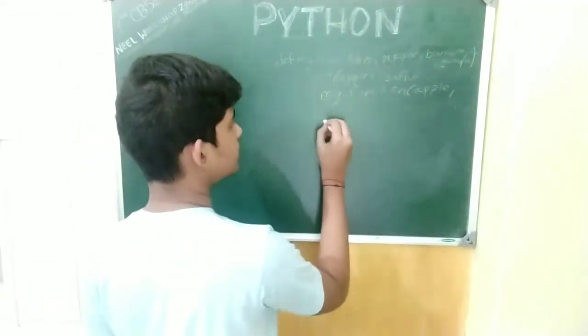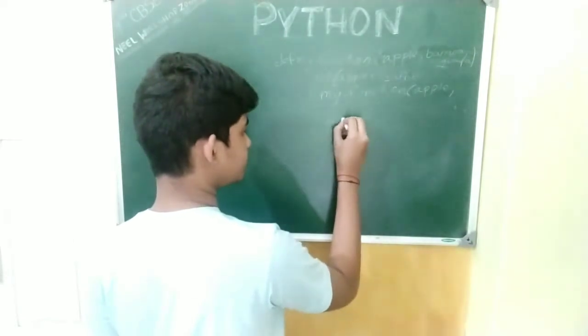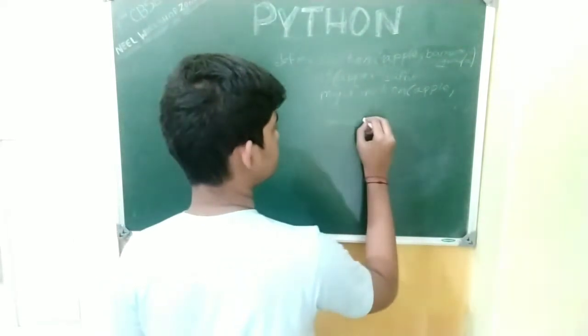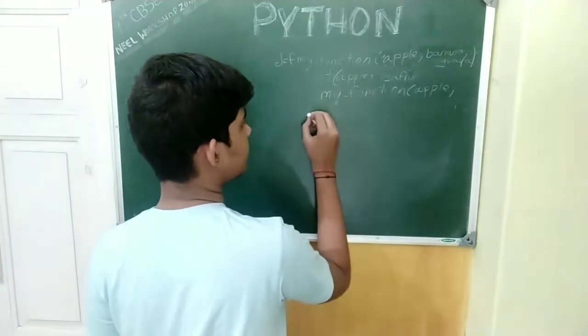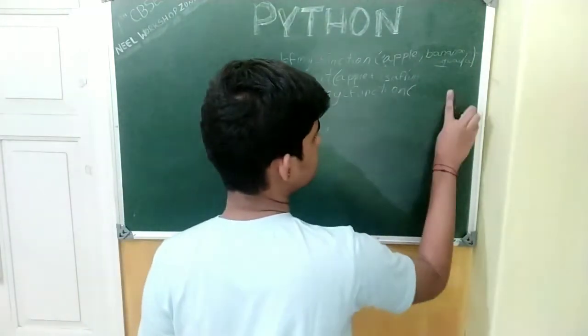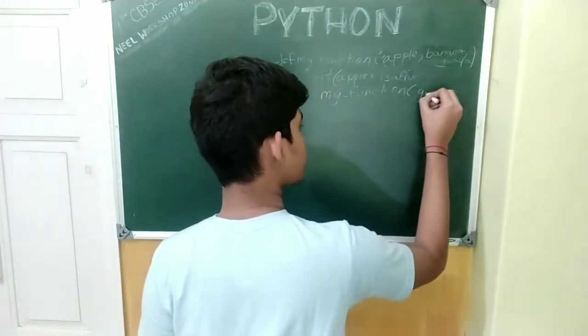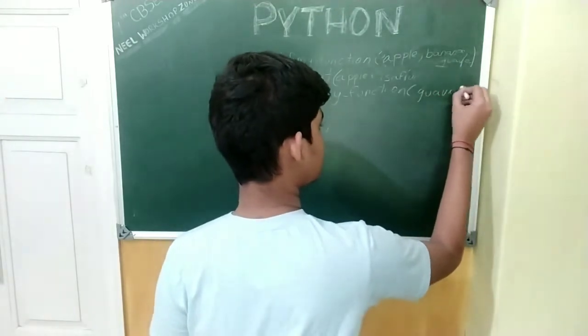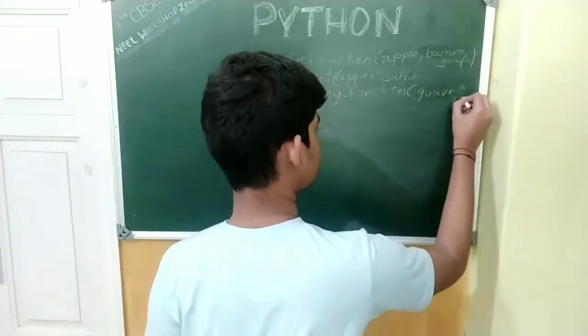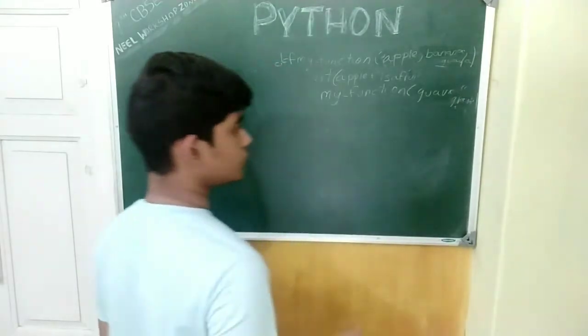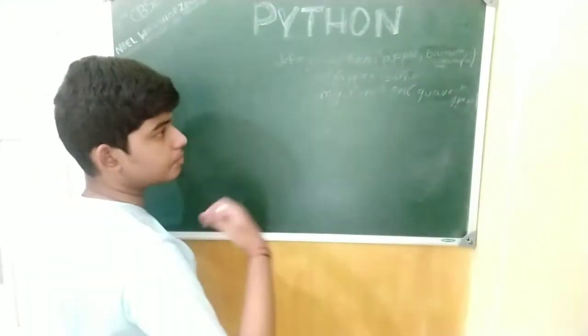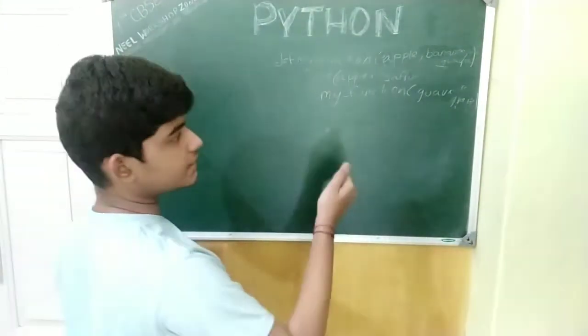So you can write something like my underscore function, Goa equals green. If you print it, it will print Goa is equal to green.